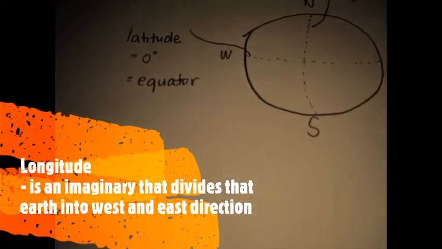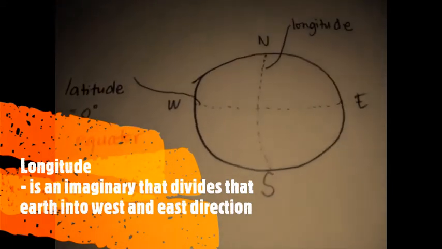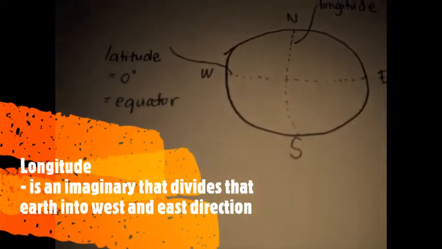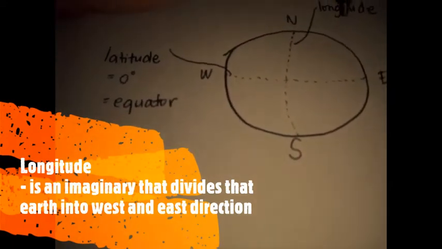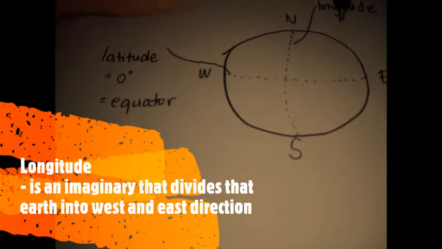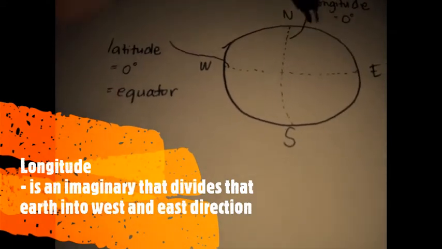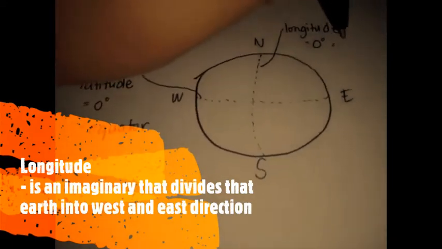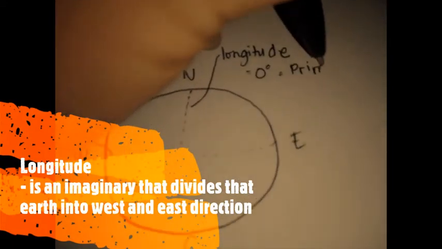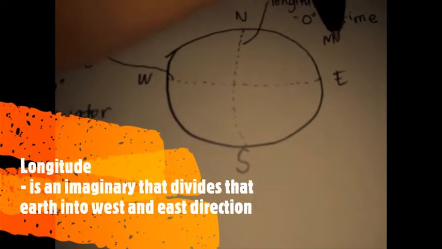So the 2 lines are the latitude and the longitude. So at longitude 0 naman, ito yung tinatawag guys na prime meridian.